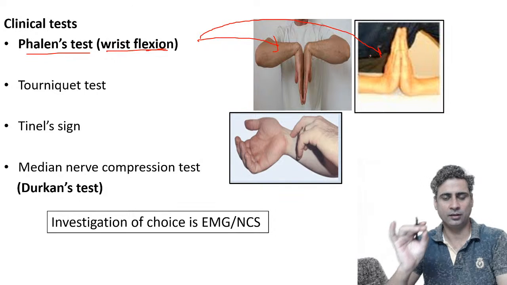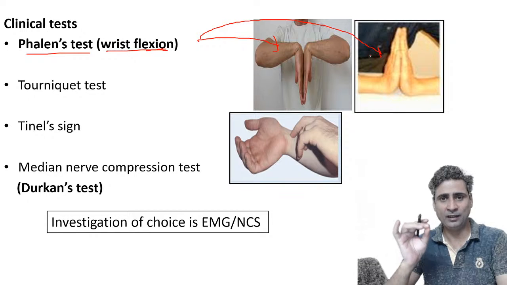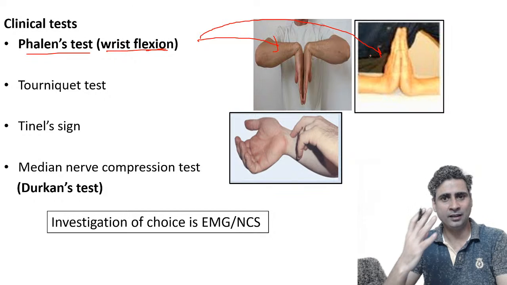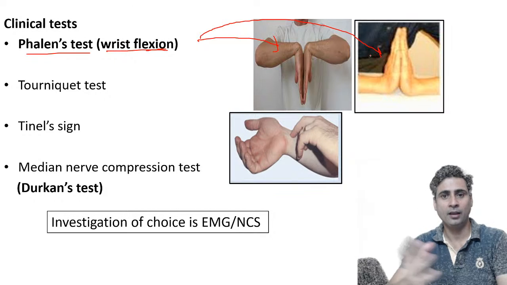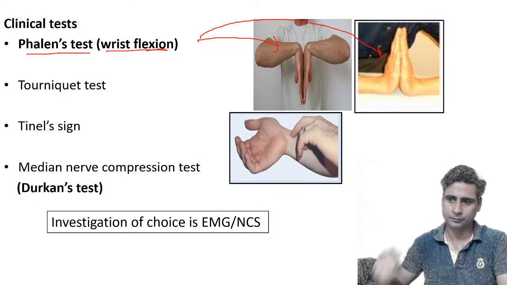In these positions, palmar flexion and dorsiflexion, the available space in the carpal tunnel is decreased and there is an increase in pressure in the carpal tunnel. If there is carpal tunnel syndrome, the already compromised median nerve will give tingling and numbness in the distribution of the median nerve.